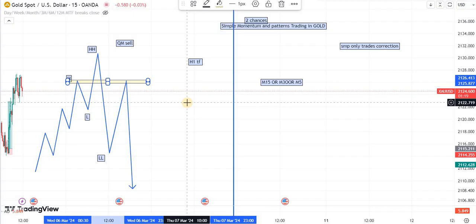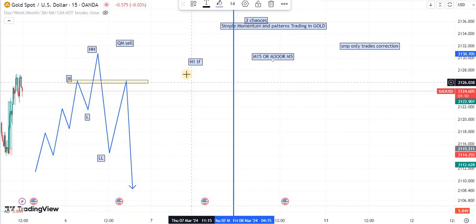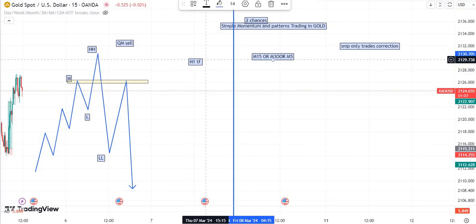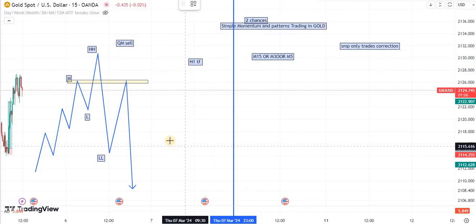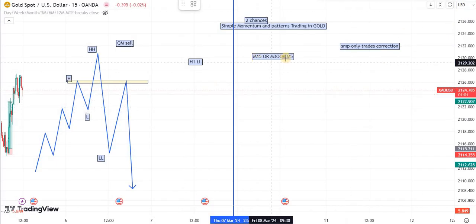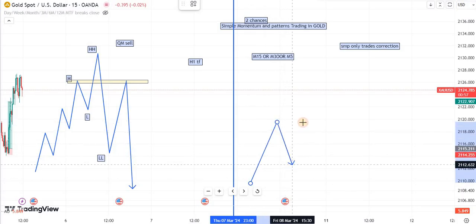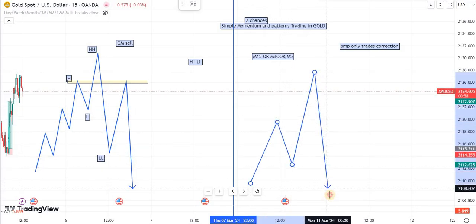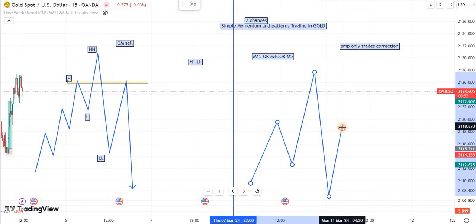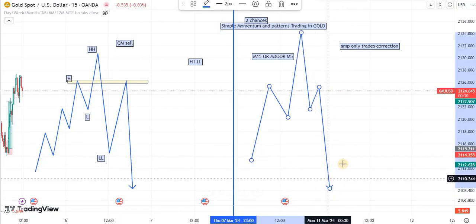Okay, so same thing, exactly the same thing as QM buy. First of all, we are assuming this as an H1 time frame, and let's see the M15, M30, and M5. So this is again a drop base drop.